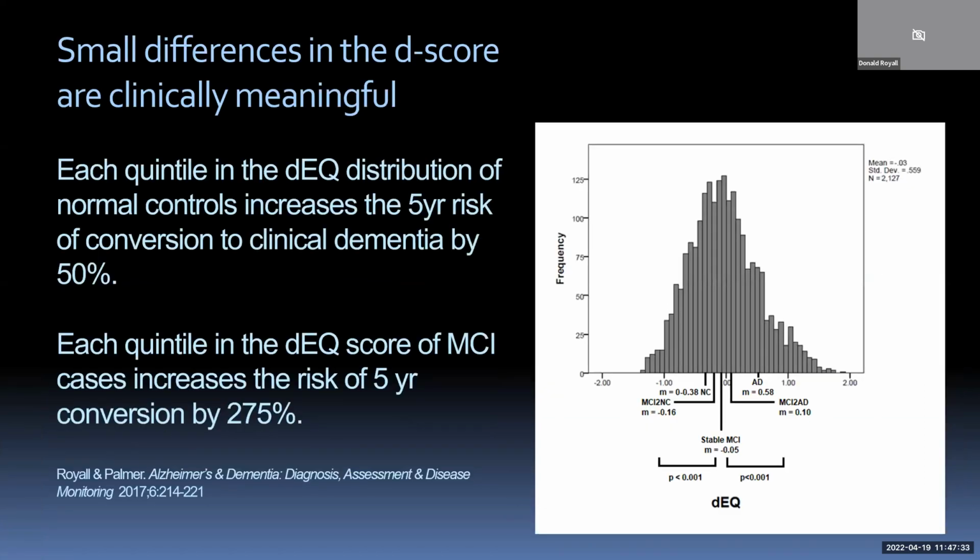And even small differences in the D score have clinical salience. We've shown in this paper from 2017 that each quintile in the D score distribution of controls increases their 5-year risk of dementia conversion by 50%, whereas each quintile in the D-score distribution of MCI cases increases their conversion risk by a factor of almost 3.